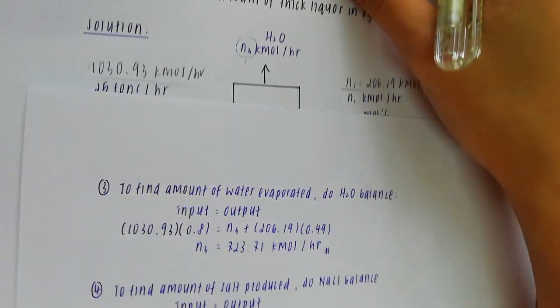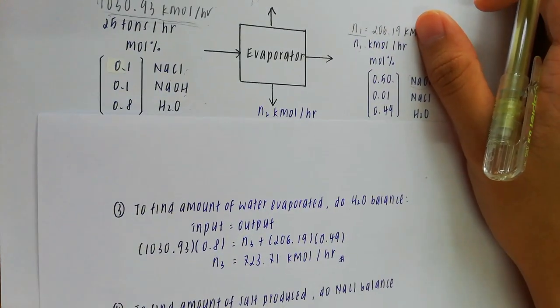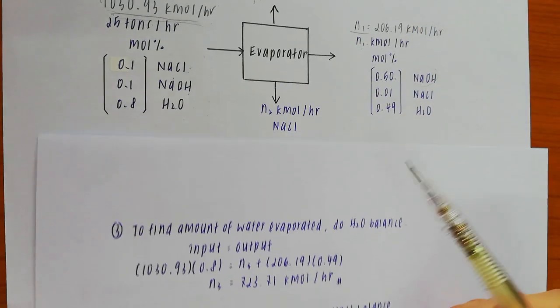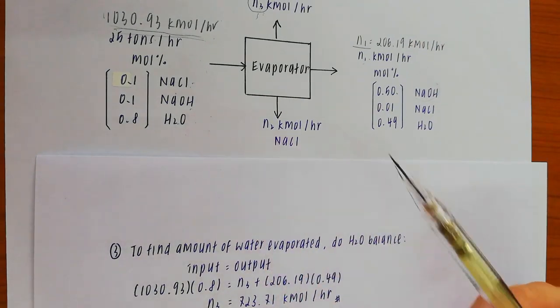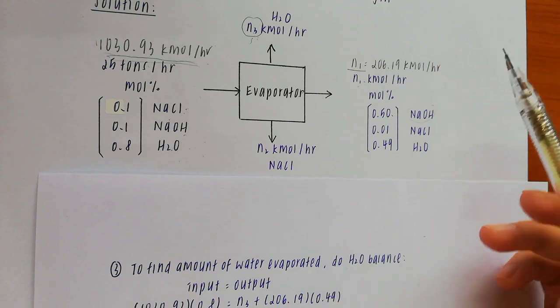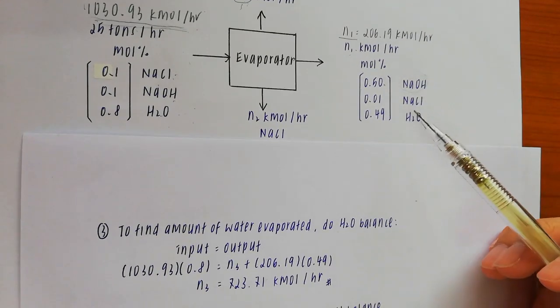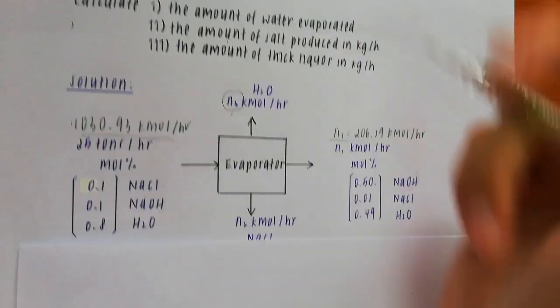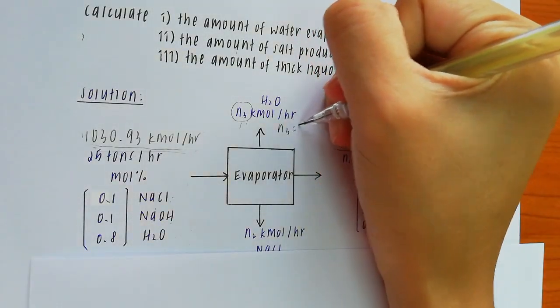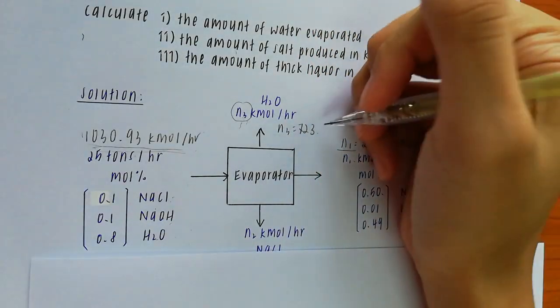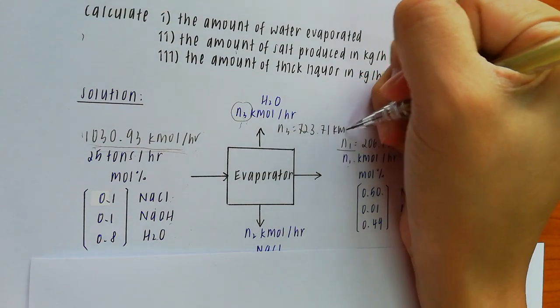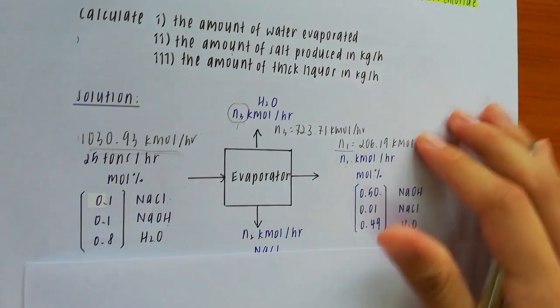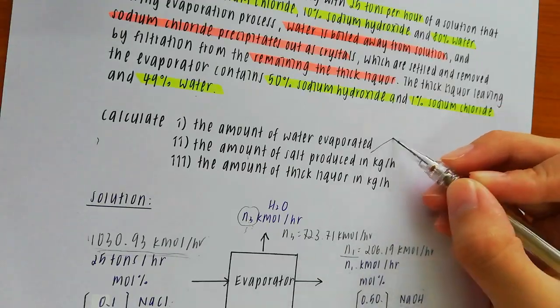So the input is 1030.93 times 0.8, equals N3 plus N1 times 0.49. So we get N3 equals 723.71. So we have solved the first.